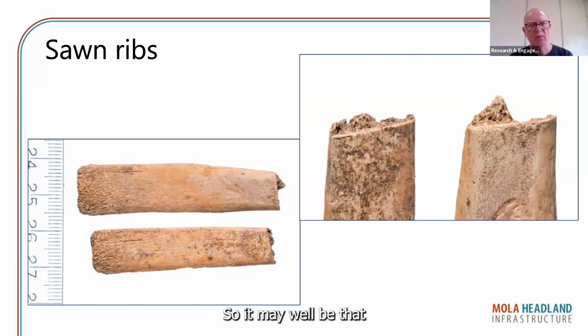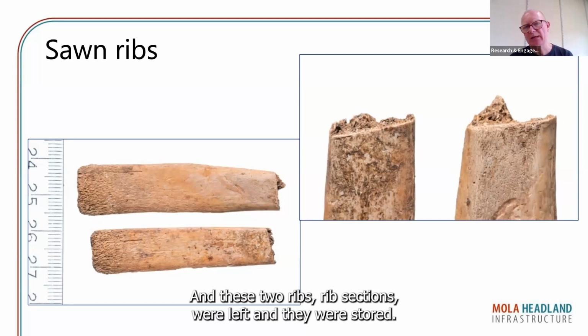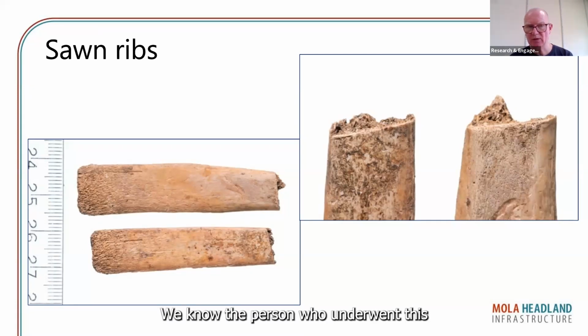So it may well be that someone had a portion of a torso of an individual and divided it up, sawed it up, whatever they did with it, for whatever reason, and these two rib sections were left, and they were stored. We know that the person who underwent this sawing died before the person in the cremation urn.